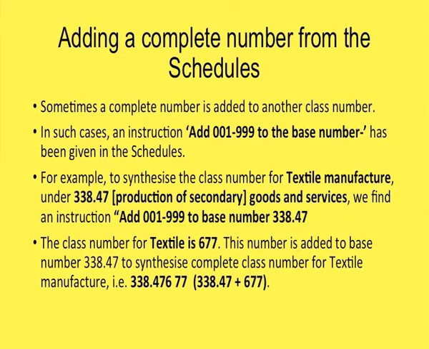After the first 3 digits we give a dot, and after the next 3 digits we leave a space. So, we don't give a dot again. Adding a complete number from the schedule to the base number, we have seen this here. We have added the complete number 677, which was the number for textile, and this was added in full.